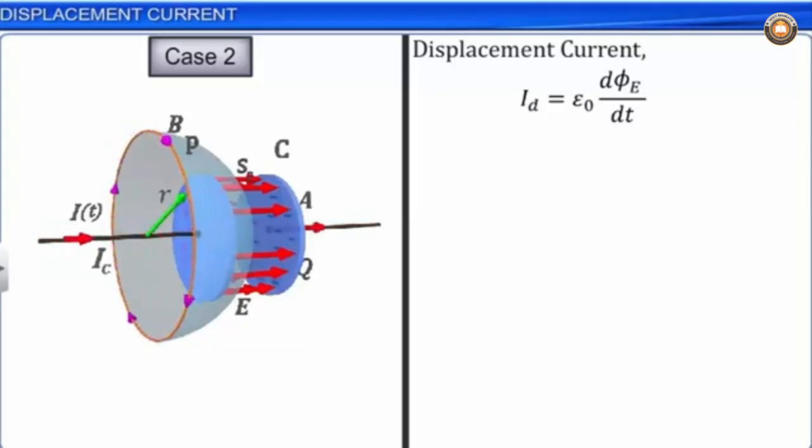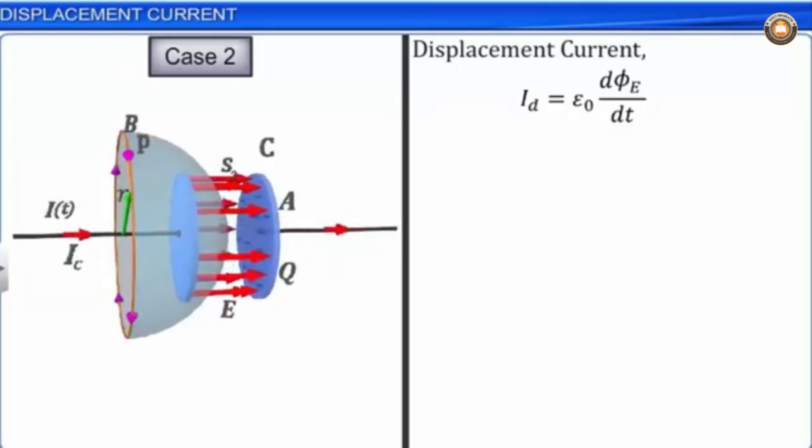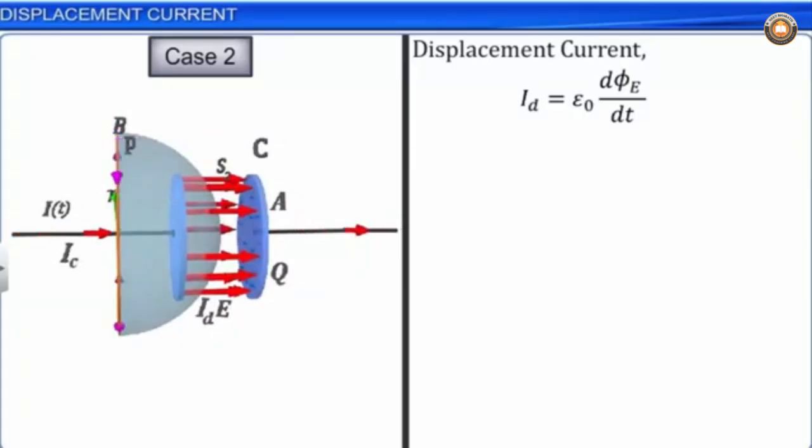Thus, the total current enclosed by the surface S2 is the sum of the conduction current and displacement current, that is, I is equal to IC plus ID, which is equal to IC plus epsilon naught into d phi E by dt.